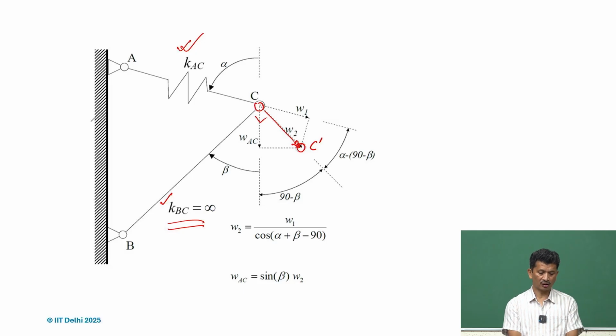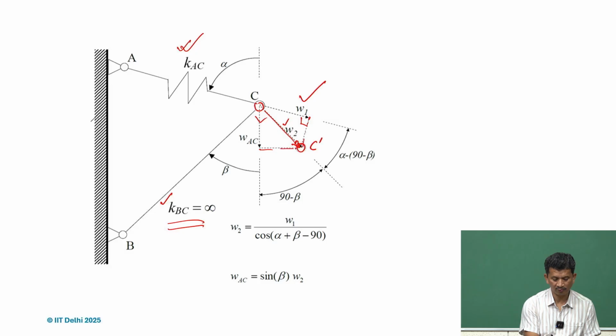Accordingly, we will drop a perpendicular here. W2 is the deflection because of the force applied, but the deflection along AC is W1 here. So, we drop a perpendicular and we find W1. Similarly, we drop a perpendicular from point C prime and we can get WAC here.